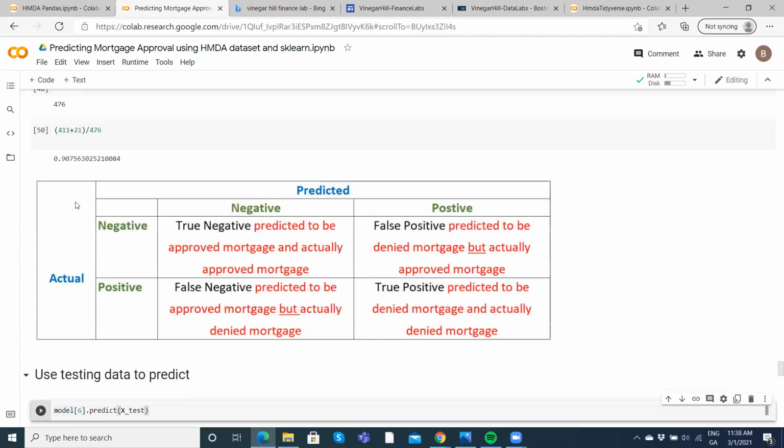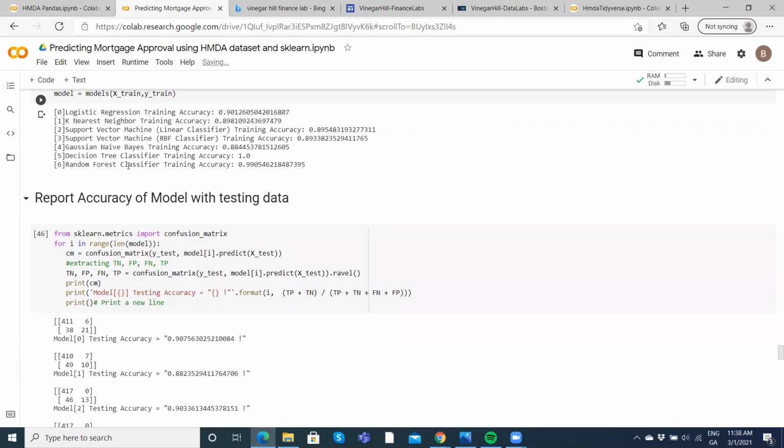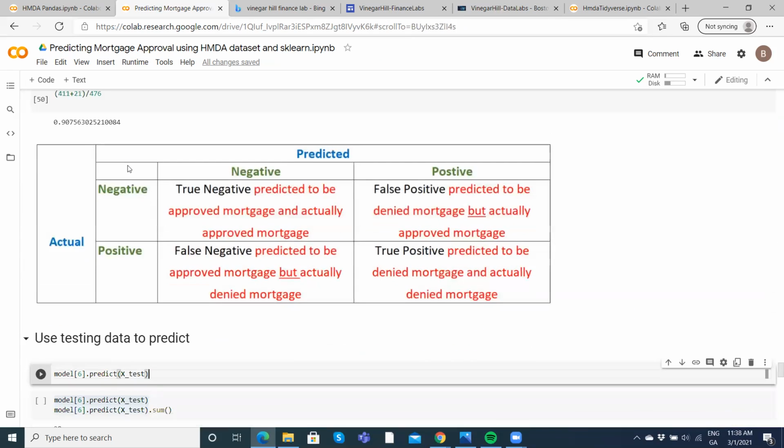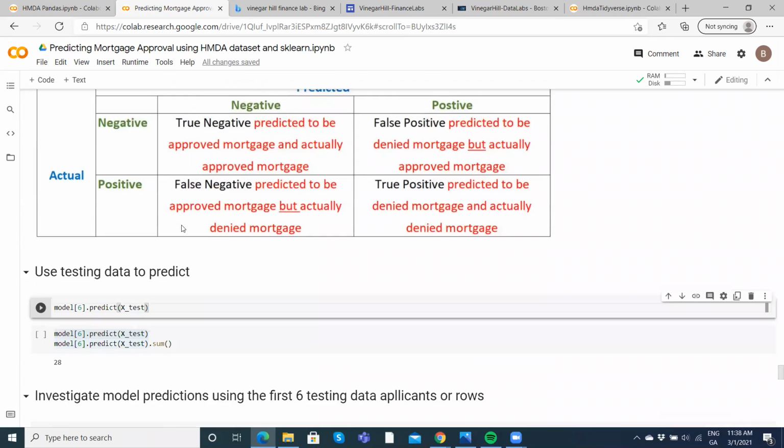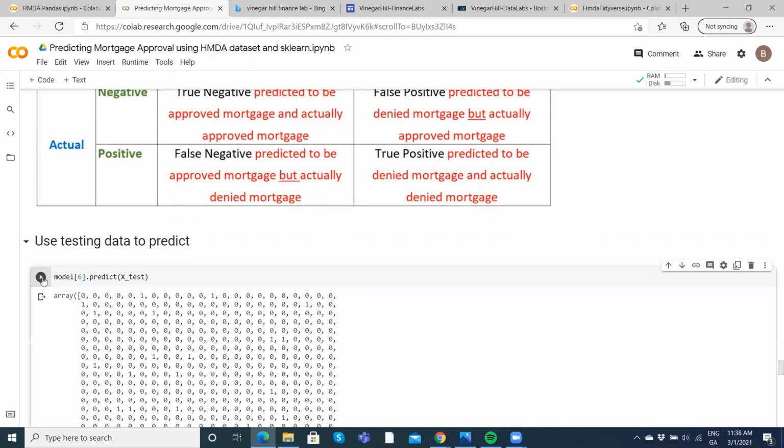Remember, model 6 is the random forest model, and I want to predict for the 476 applicants in the testing data, what are the outputs? And you can see the random forest is predicting that applicant 6 is denied mortgage, and applicant 12 is denied mortgage.